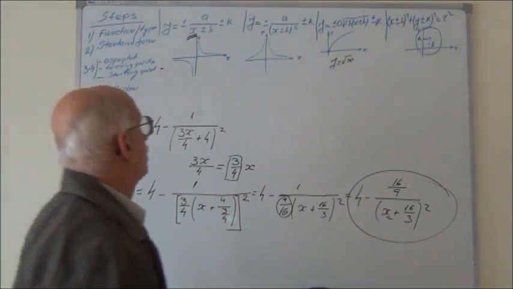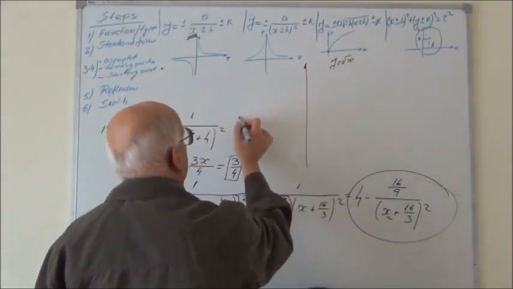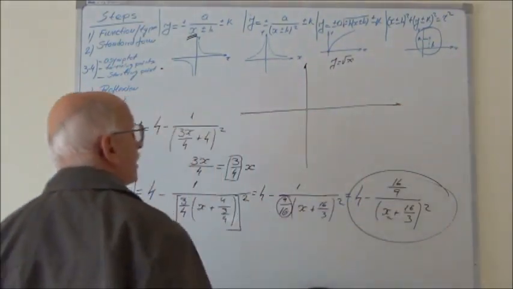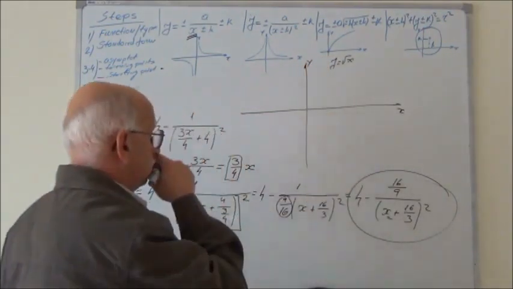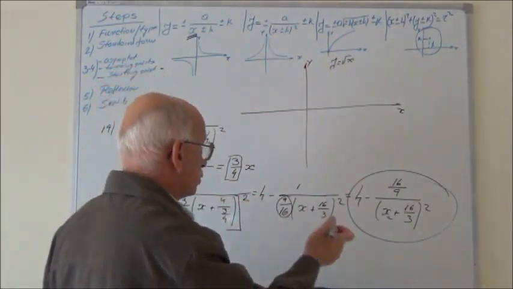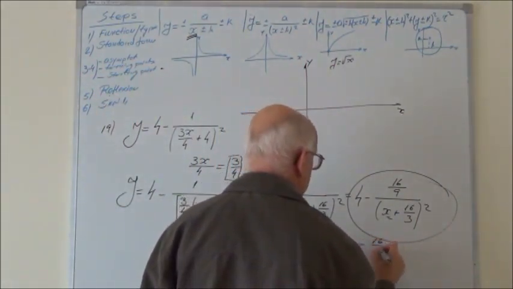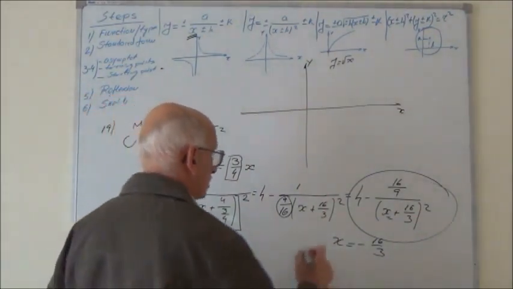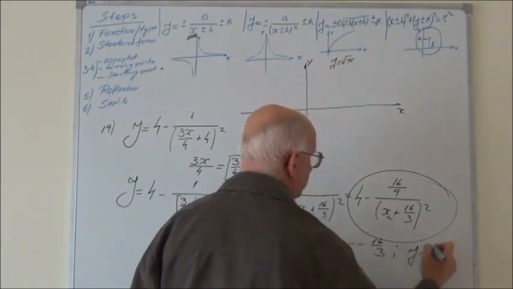Okay, now if you want to sketch the graph, by the way, the question is to sketch the graph. We can sketch it, why not? The horizontal asymptote equation is y equal 4.